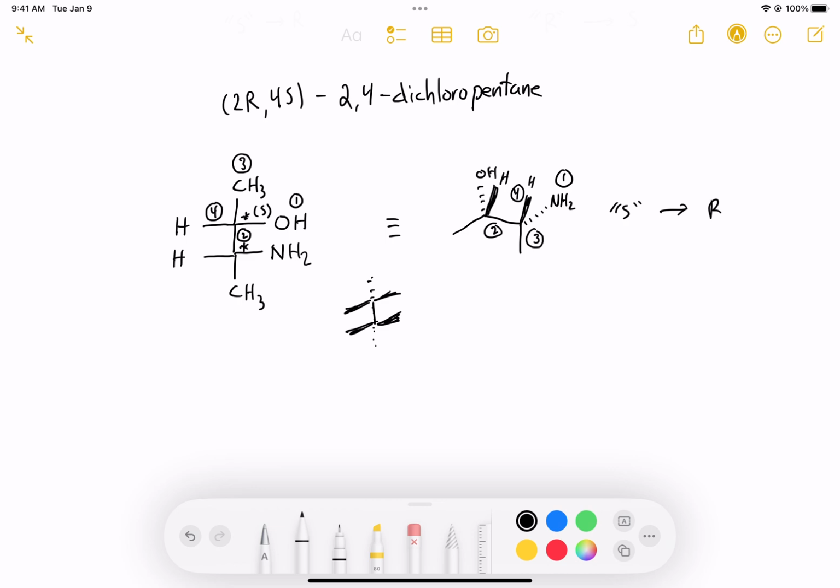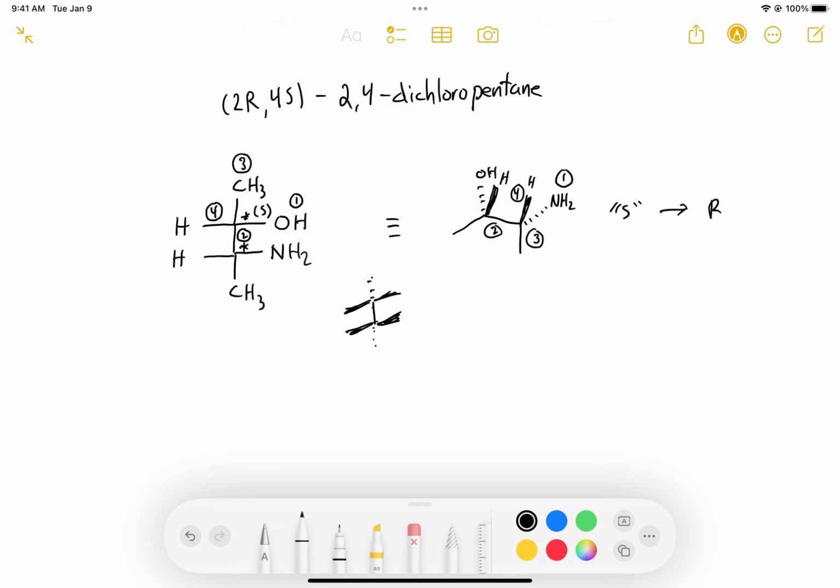So we go from 1 to 2 to 3. That looks like it's S, but it's actually R because H is on the wedge bond. And if we use our right hand rule here, it goes from 1 to 2, our fingers curl in the 1 to 2 to 3 direction. So that is, actually no, is that still wrong? Yeah, that still looks like. Oh, sorry, no. No, it's R. Yeah.